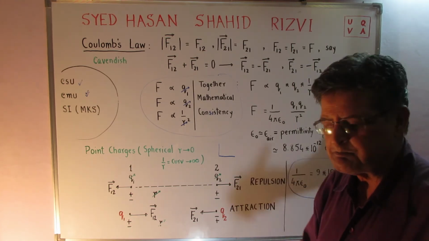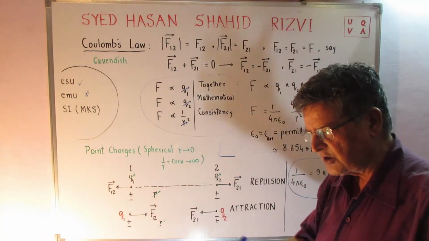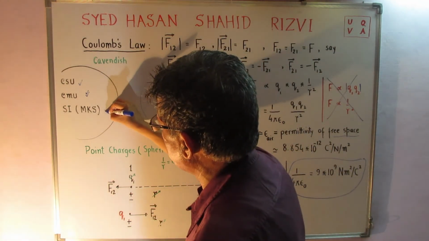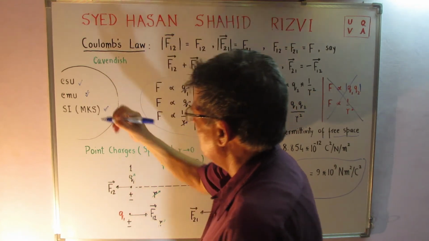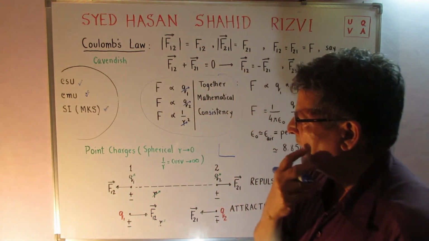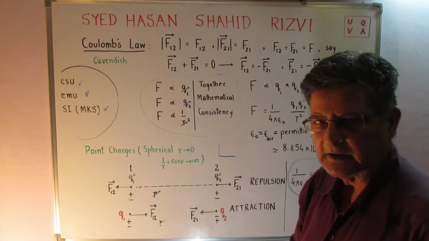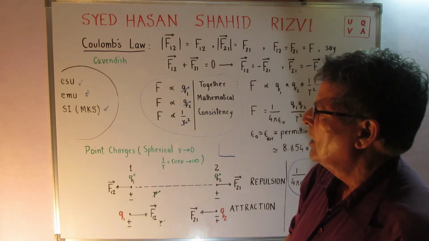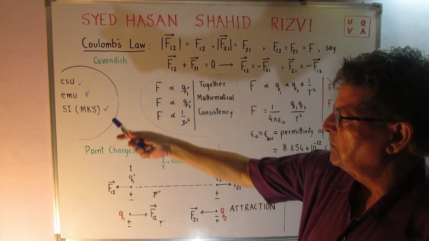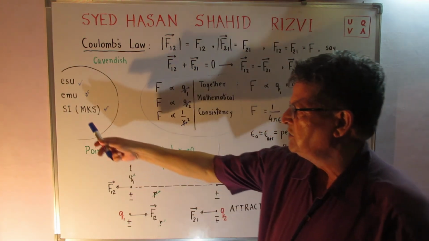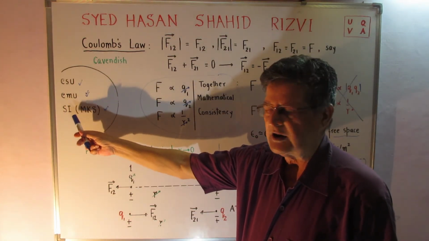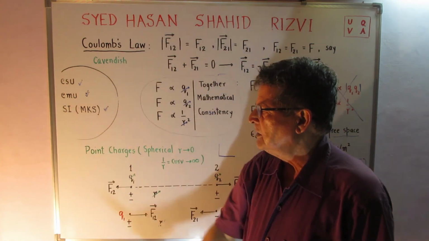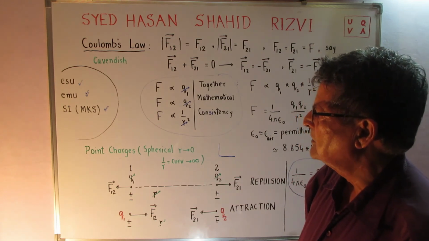Then there was a big conference, rationalization of units, and the SI or MK system was introduced, and it was finally adopted, and today the unit system is the International System of Units, which is meter, kilogram, second system.